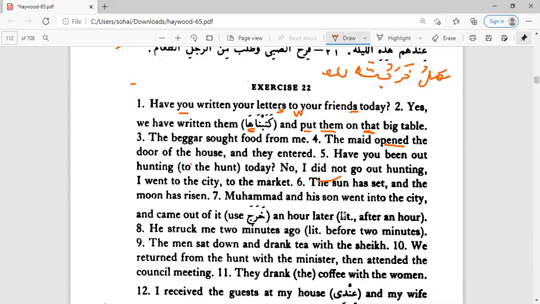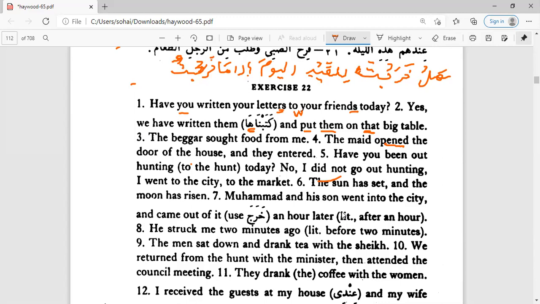So let's say the li is the harf jar for hunting, or to the hunt. Al yawma, today. And you say la ma kharajtu. Ma kharajtu.